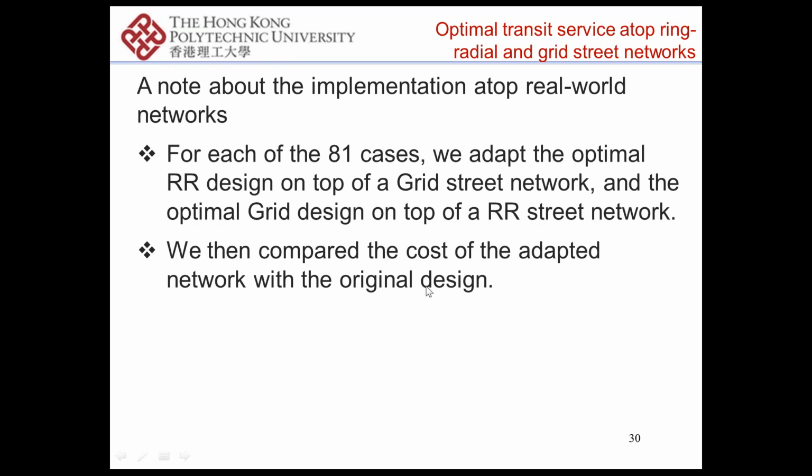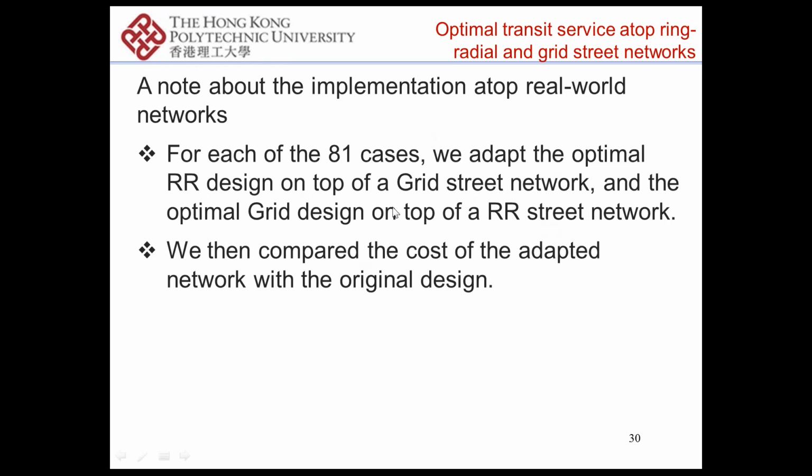And the last question is about implementation, because we showed that the implementation over a real-world network is a problem for this continuous approximation approach. So what we do is that we do not intend to really implement that over a real-world network, but for each of the 81 cases, we try to adapt the optimal design of a ring-radial network on top of a grid network, and adapt the optimal design of a grid network on top of a ring-radial network.